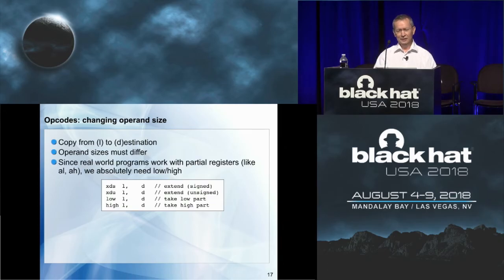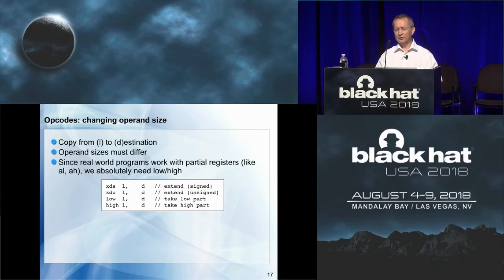Nothing fancy. To represent real-world programs, we need to be able to work with parts of instructions, parts of registers, read or write only 1 byte or part of the double word. Therefore, we need to change the operand size.